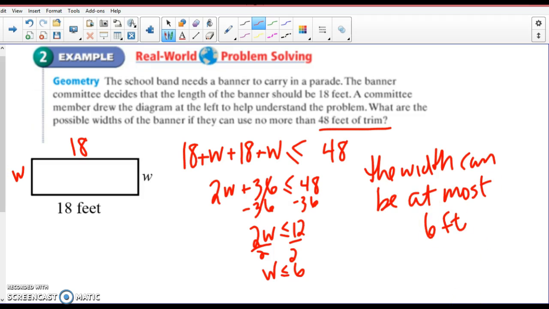You could also say the width could be 6 feet or less. It's a maximum of 6 feet. Whatever words you want to use, as long as it fits the problem. At most 6 feet. Do you understand that? All right.